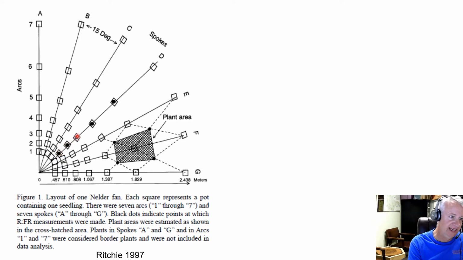He's showing here his measured trees, and he expressed his data relative to plant area. So what was the area around each plant? The smaller the plant area, the closer the spacing, the tighter the planting density.